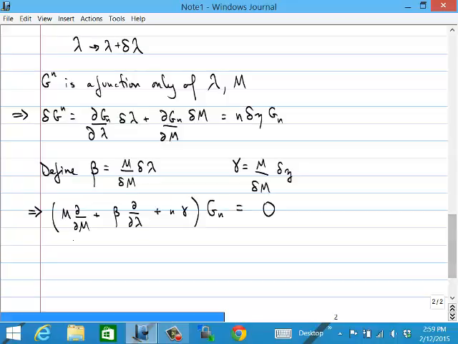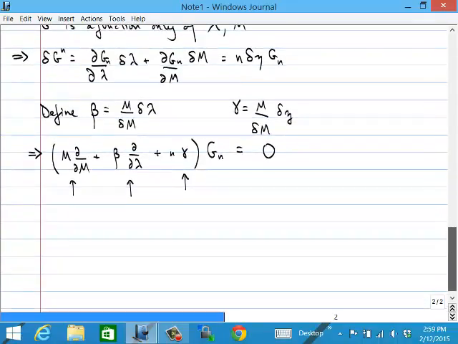As reflected by that first term, the change must be accounted for by some flow in the space of couplings, along with the fact that the fields phi themselves have some wave function renormalization that's accounted for by this parameter that I called gamma. So this equation is known as the Callan-Symanzik equation.